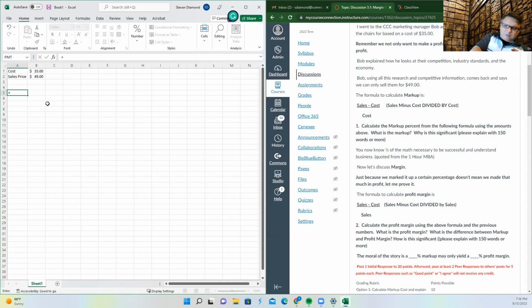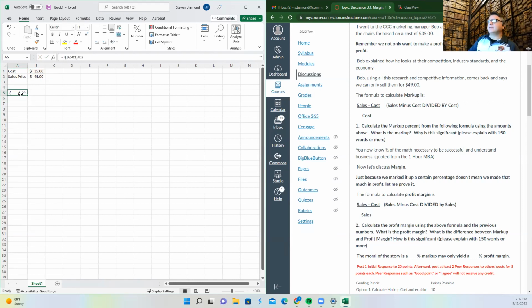I'm going to use a parenthesis, and I'm going to take the sales, which is this, minus the cost, close my parentheses up. That's telling us, using our good old order of operations, that we need to do what's inside the parentheses first, and then divide that by the sales.